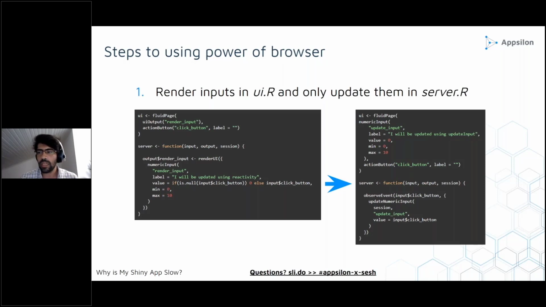If you're familiar with any kind of input from base Shiny or from any of the UI packages that are available, you might know that each input element actually has a corresponding update function. And these update functions are very important. If we have a renderUI and we're then rendering the input itself, we're sending all of that HTML, the CSS, the JavaScript, and creating the bindings. We're doing all of this again.